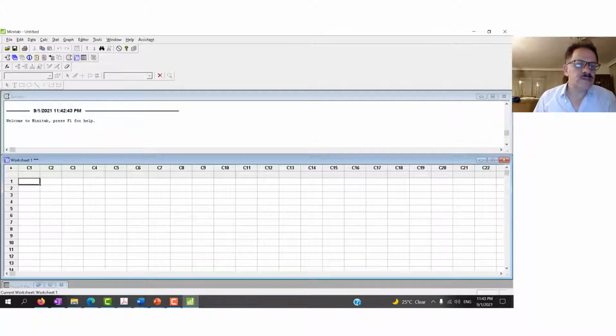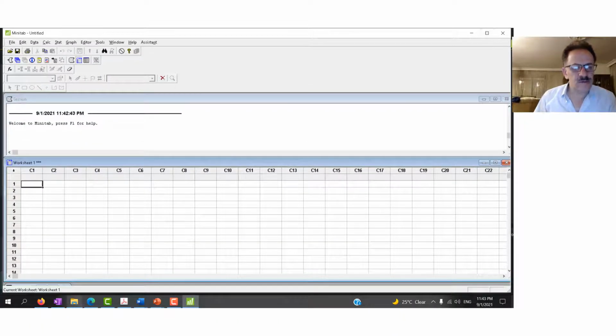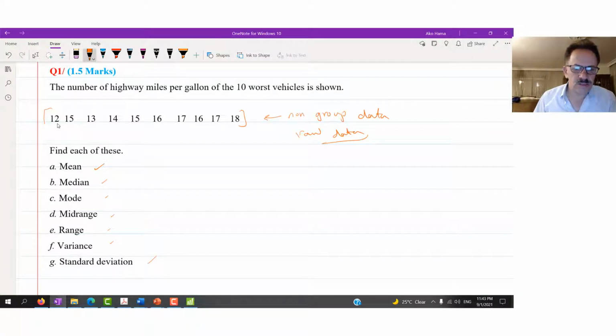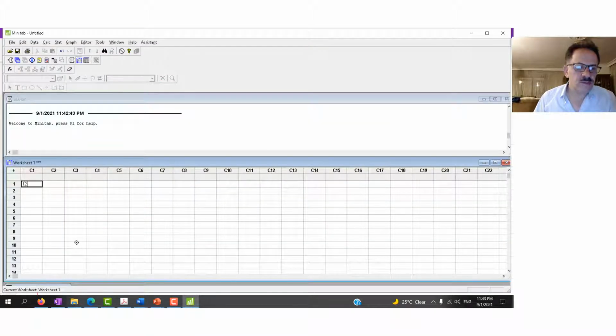I will start entering the raw data in column C1: 12, 15, 13, 12, 15, 13, 12, 15, 12, 13, 15.